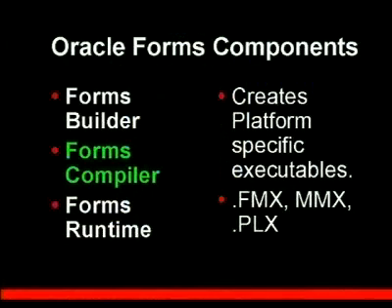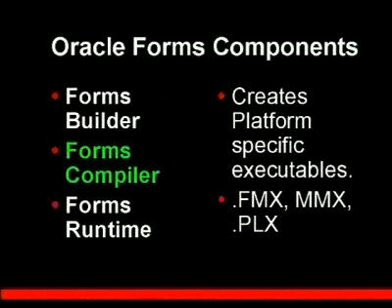Now, Forms Compiler is where you actually take the form from Forms Builder, the FMB, and you create a different file type. This is a smaller file type that you can run, and this creates platform-specific executables.